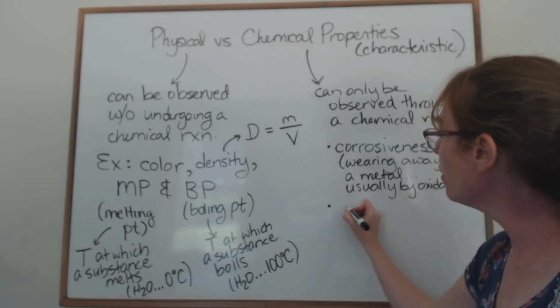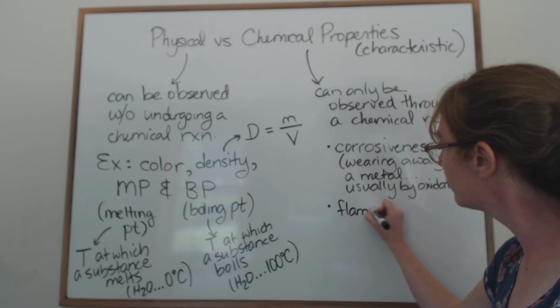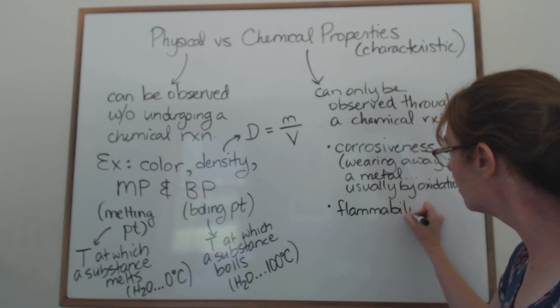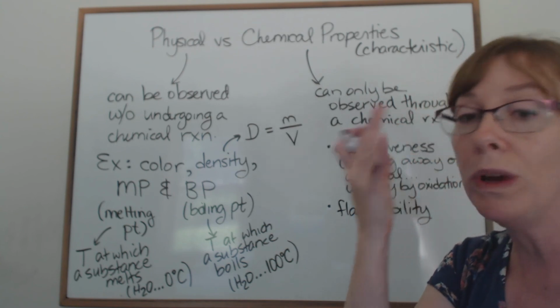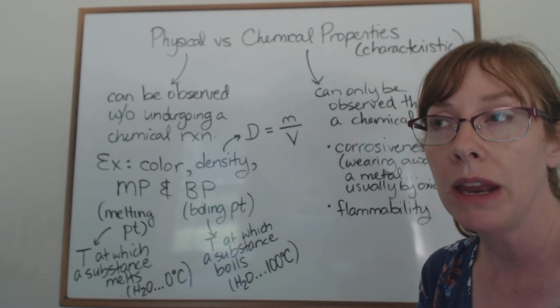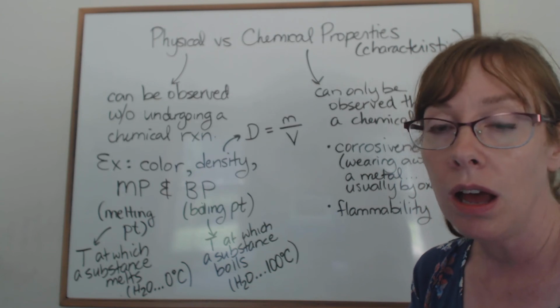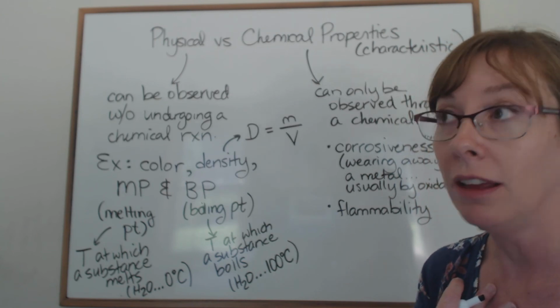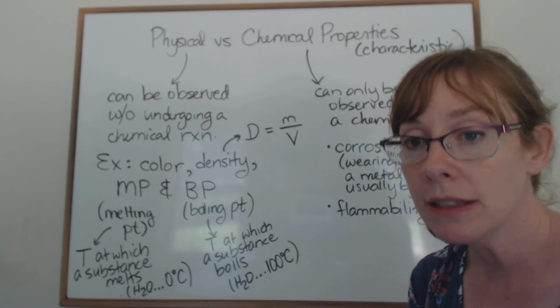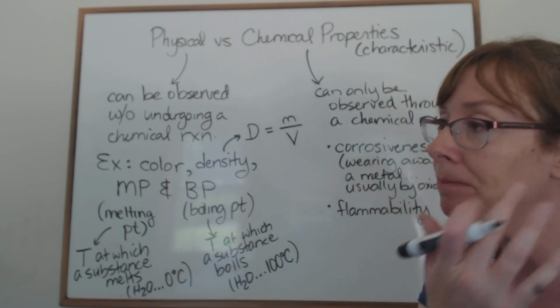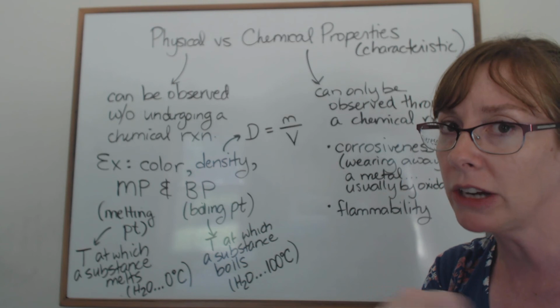So corrosiveness, another one, flammability. If I have a particular cleaner in my closet, Windex or whatever, and I want to know if it's flammable, I'm not going to do this, but the only thing that you would do is set it on fire and see if you see a flame. So that's a chemical reaction. By the way, burning is always a chemical reaction, always.